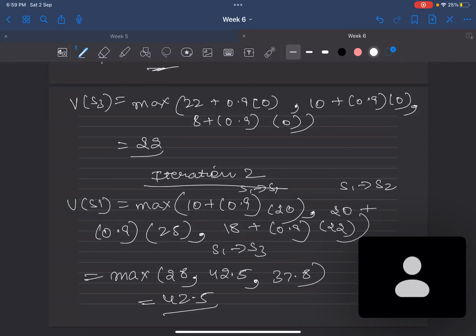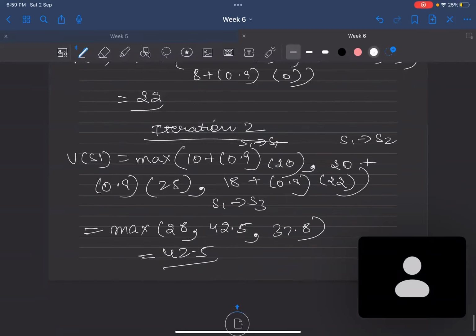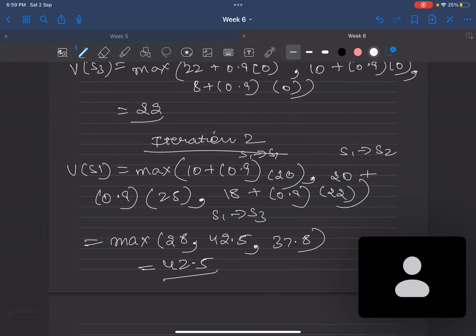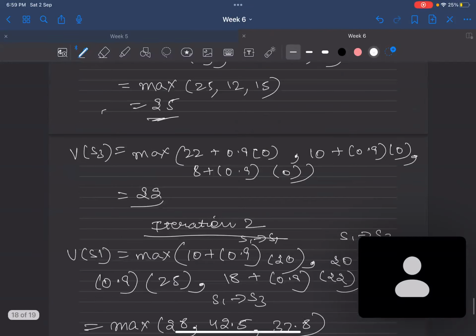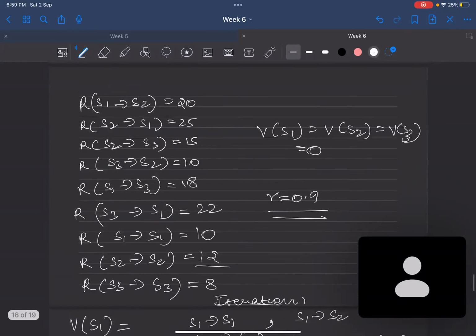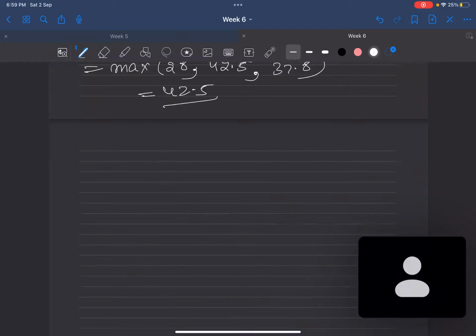So 42.5. Madam, here in every iteration the values are changing, but the reward function is constant, right? It is the same. Yes. The reward function is always the same; we are taking the same reward values. Rewards won't change.